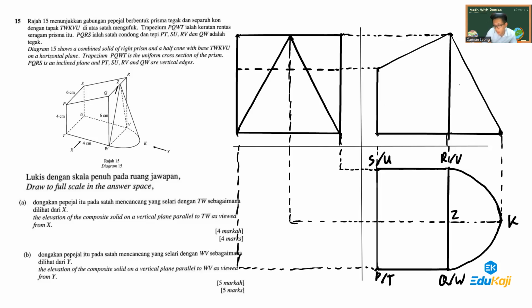Okay. My position is slightly off. It's a bit hard for me to draw like that. But basically, all this will form a diagonal line.